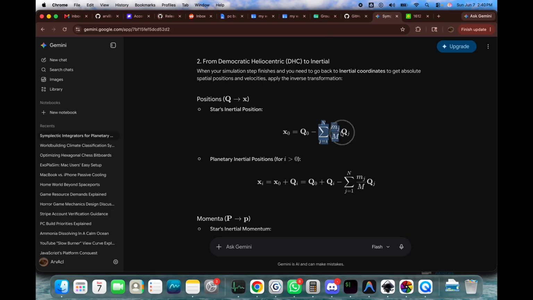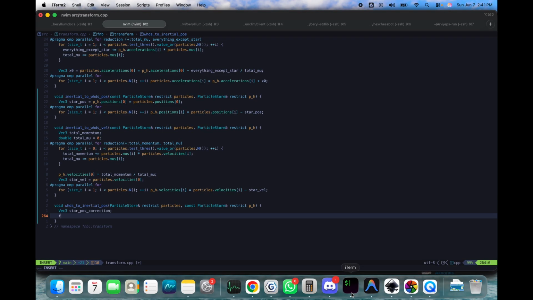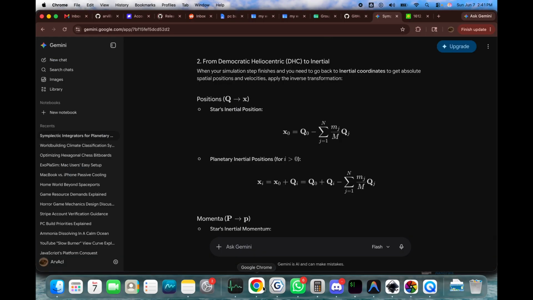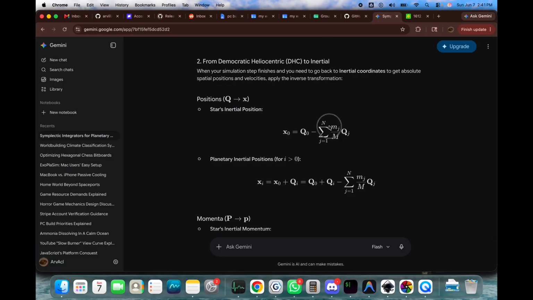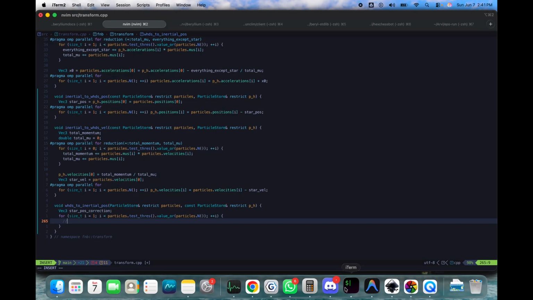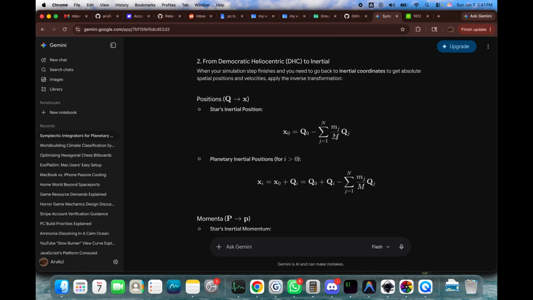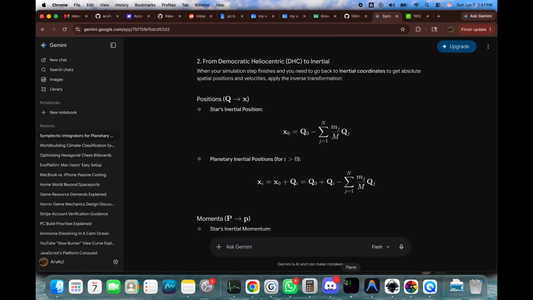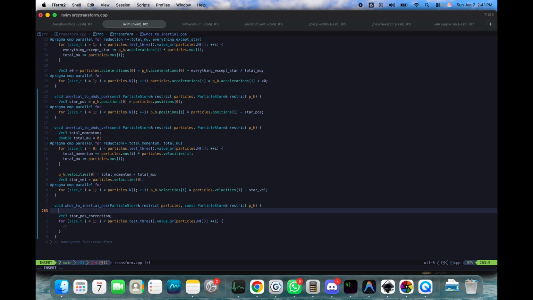So we have n this stuff. So for size t I equals 1, I less than. And now we need to subtract this. We don't have total mass though. Time to get total mass. You got to compute total mass so many times.